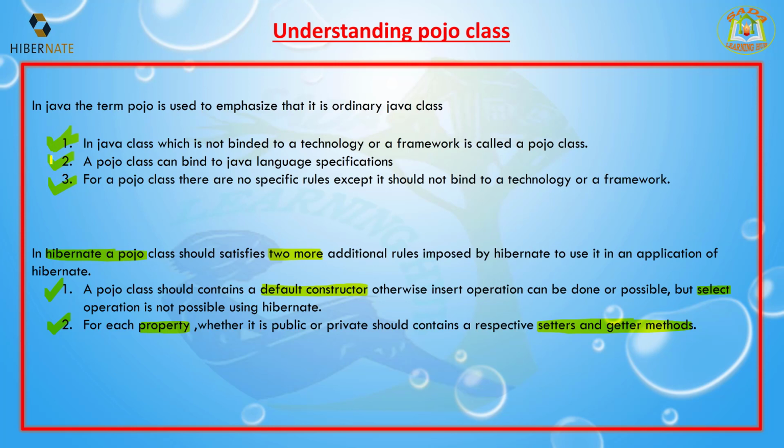It needs to follow the Java specifications, and also a POJO class must have a default constructor, and whatever properties we write, we need to maintain setters and getters in the POJO class. These are the five rules needed to satisfy a POJO class in Hibernate.